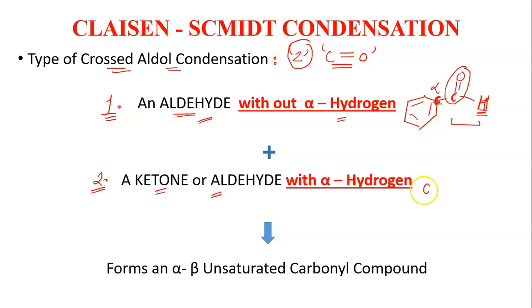So for example, the simplest of the ketones, acetone. Again, carbonyl, alpha carbon, and this time the alpha carbon carries hydrogen. There are actually 3 alpha hydrogens present on this. Another example would be of an aldehyde, say acetaldehyde.